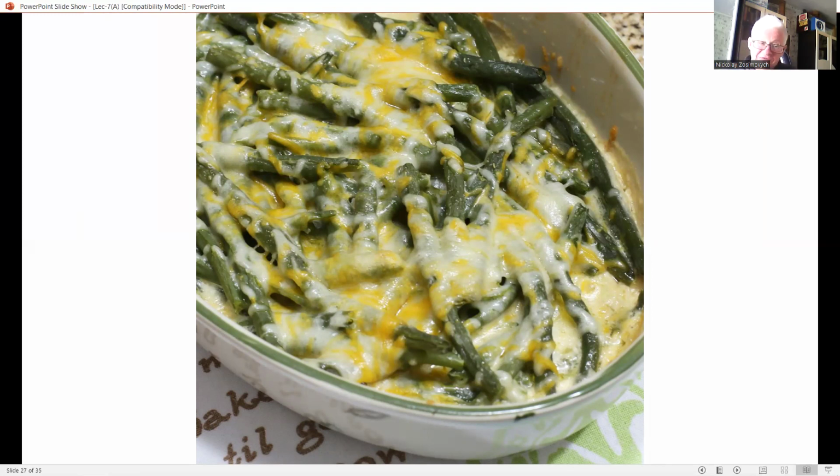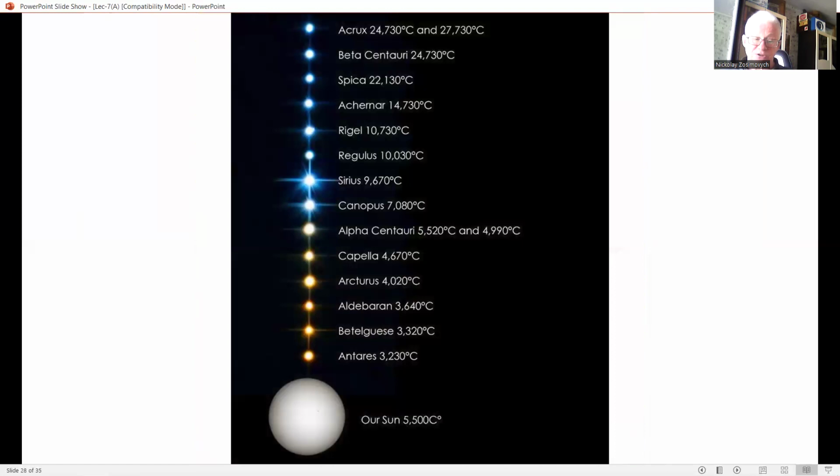Thus, heat refers to the flow of thermal energy, and temperature refers to the intensity of the agitation among the particles. When astronomers refer to the temperature of a star, they are talking about the temperature of the gases in the photosphere, and they express those temperatures on the Kelvin temperature scale.